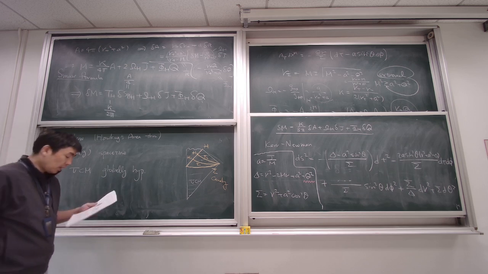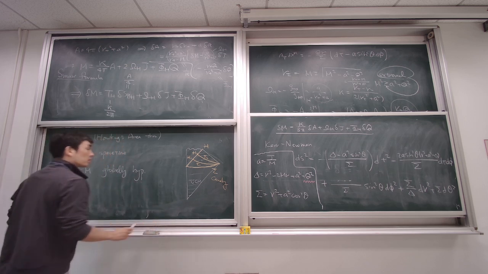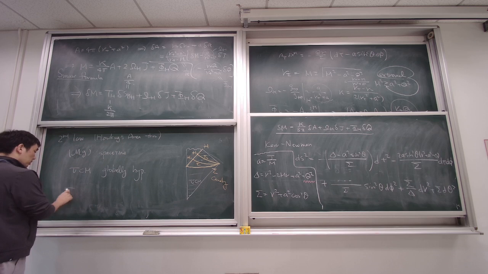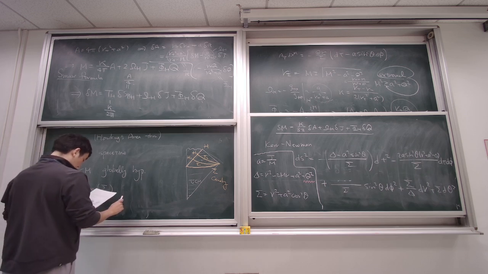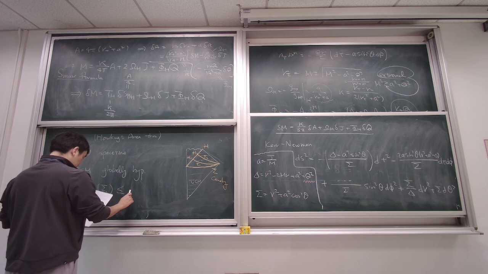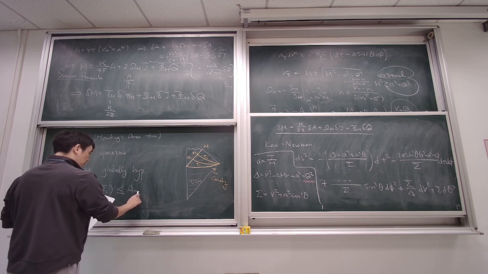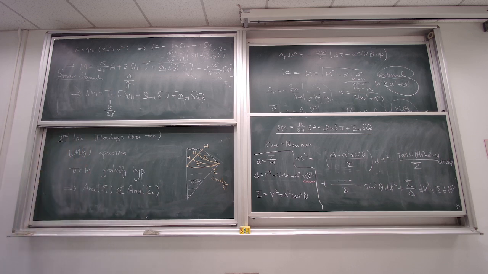Then the statement is that the area of sigma 1 is less than or equal to the area of sigma 2. So that's the statement.